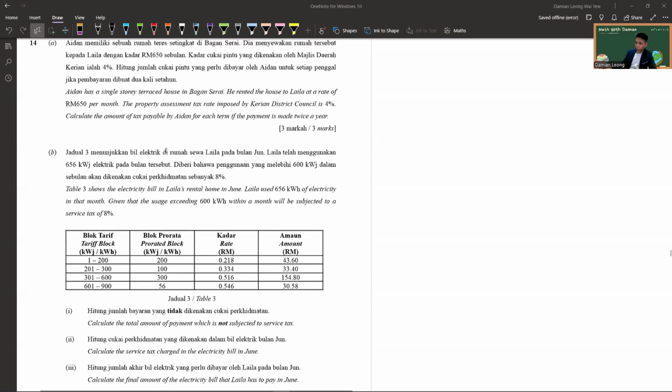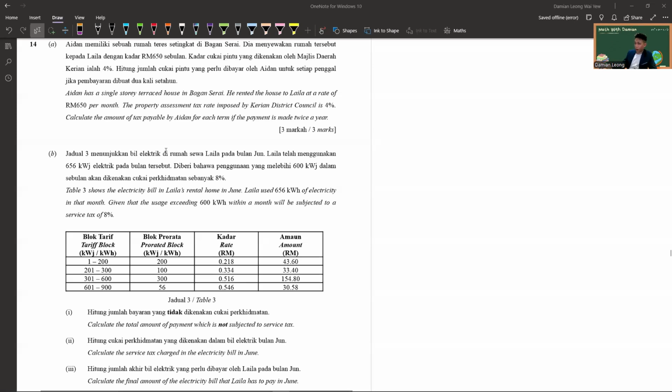If the payment is made twice a year, I want to count for half a year. So the rate for property assessment tax is on the rental value for the whole year.